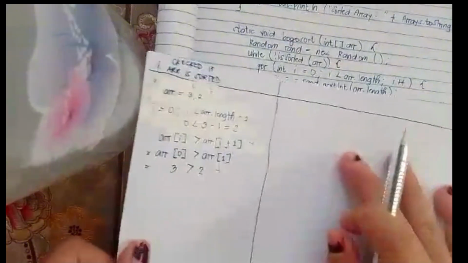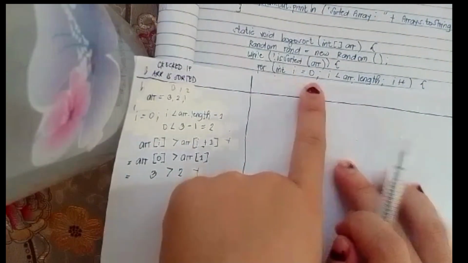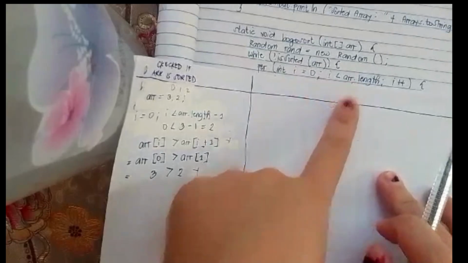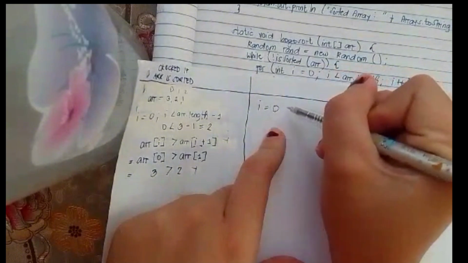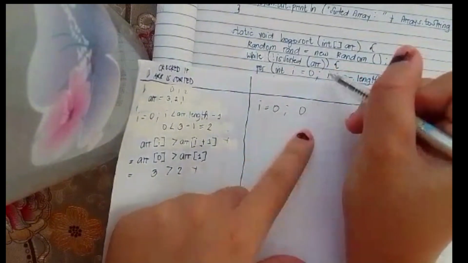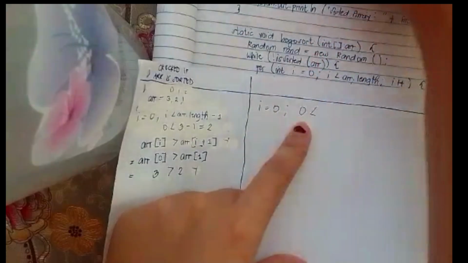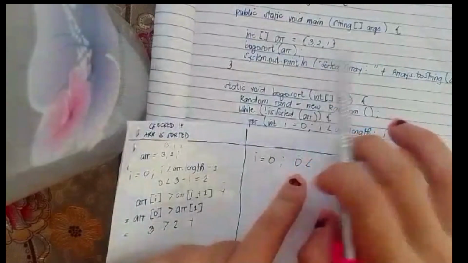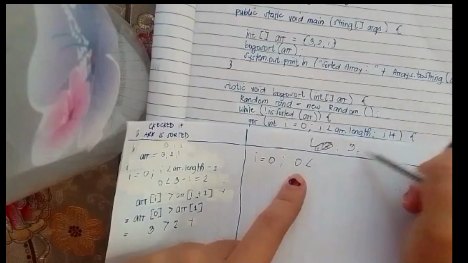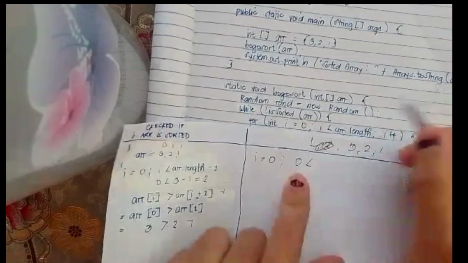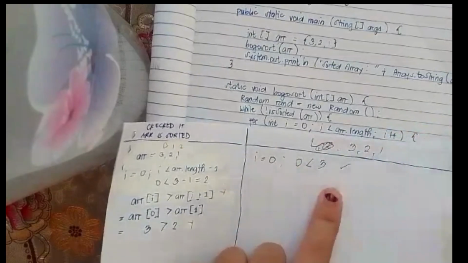So, for int i equals 0, i less than array.length, so i nato is 0, then 0 is less than array.length nato is 3, 1, 2, 3, so 0 is less than 3, so check.